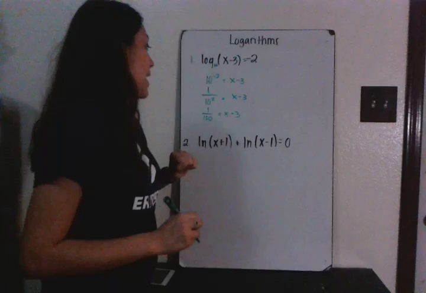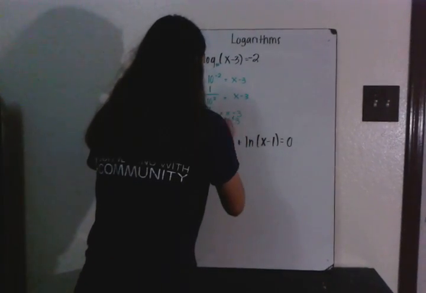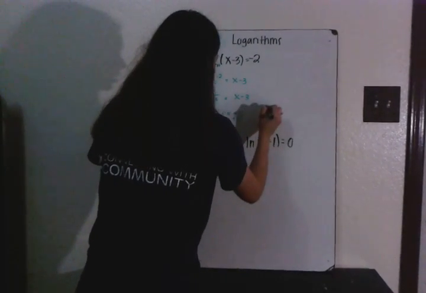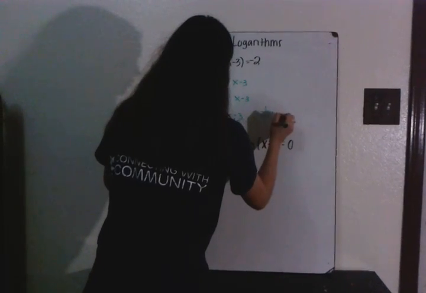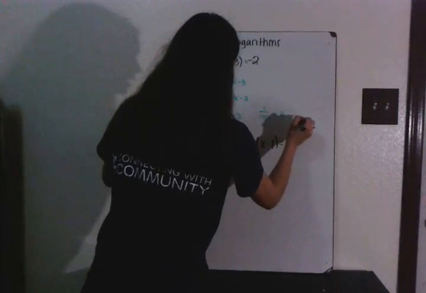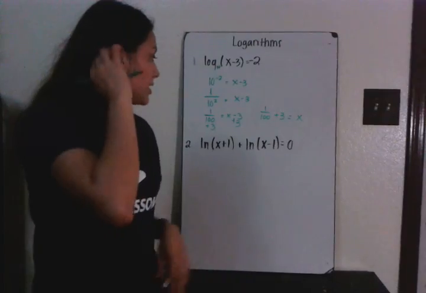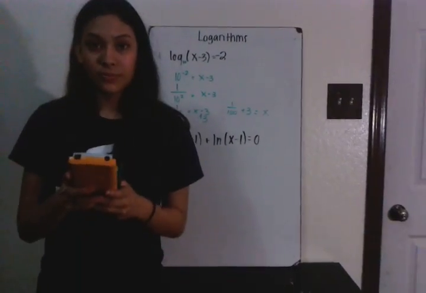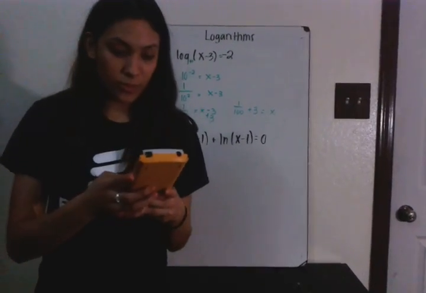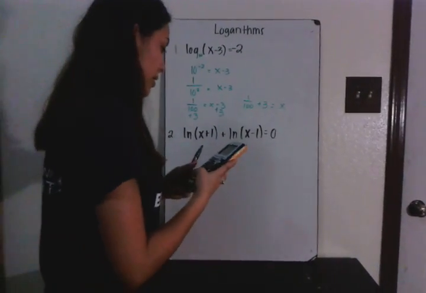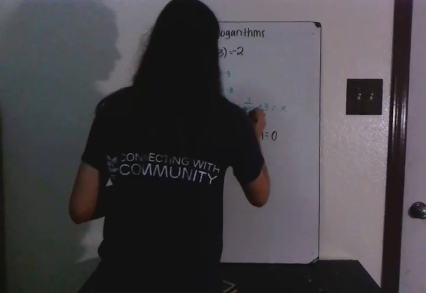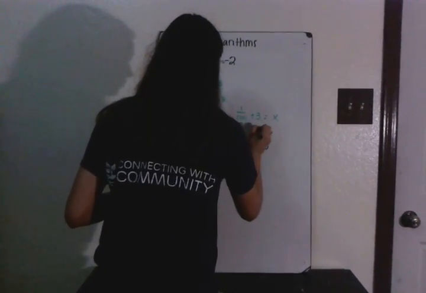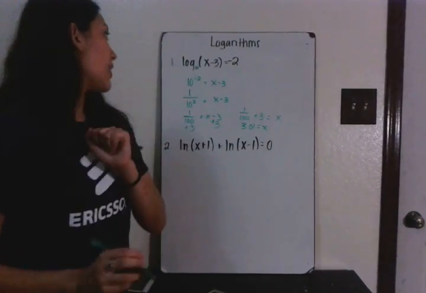In order to get x isolated, you're going to add 3 on both sides. And you're going to get 1 over 100 plus 3 is equal to x. You can simplify that, and 1 over 100 plus 3 is equal to 3.01, which is equal to x. And that's your answer for that first one.